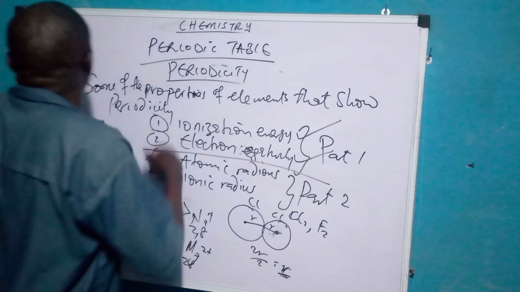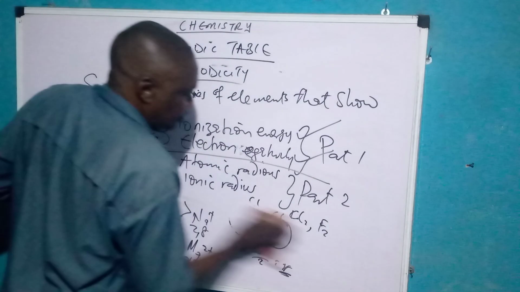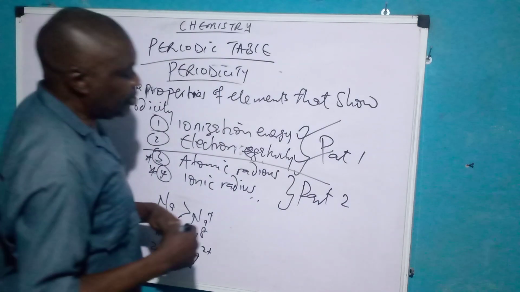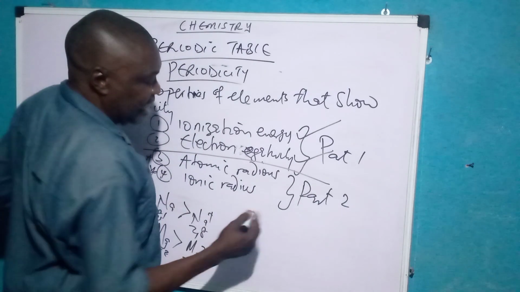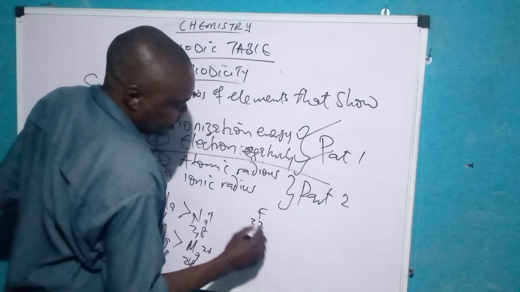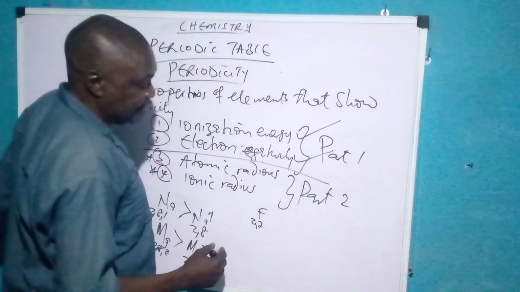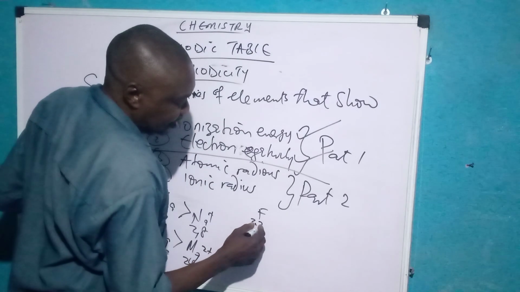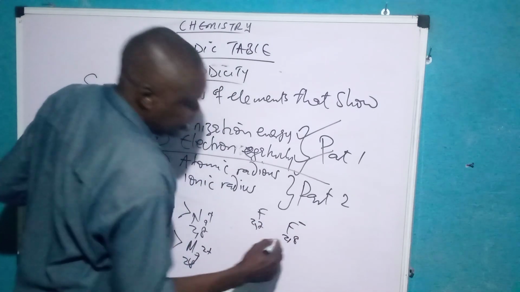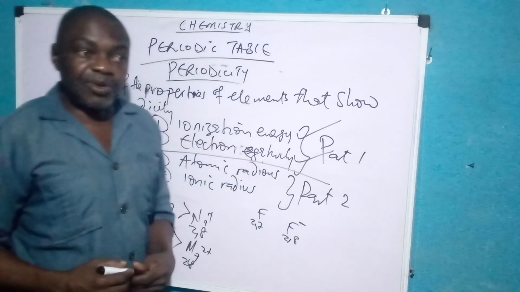Then let's go to electronegative elements. For electronegative elements such as fluorine, this is 2, 7, making 9 because the atomic number is 9. But when it takes an electron, it now becomes F minus, 2, 8, in order to form the octet configuration.